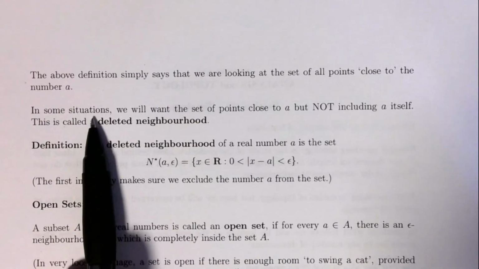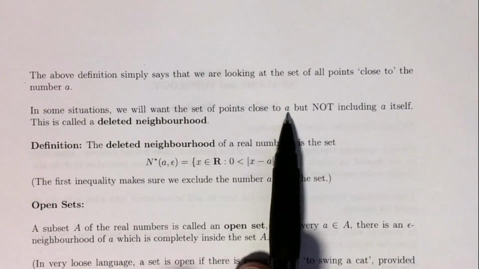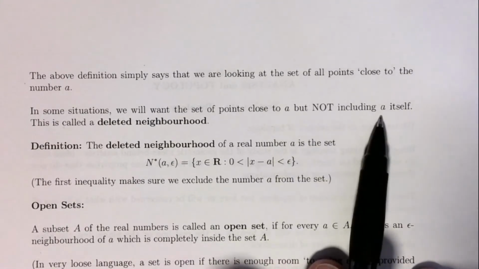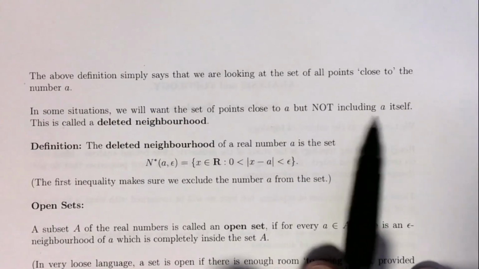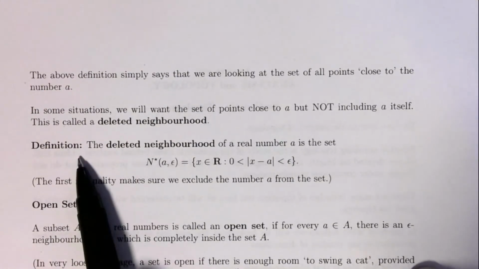In some situations, we want the set of points close to A, but we don't want to include A itself. And this is called a deleted neighbourhood. So it's the set of all points that are close to A, but we're excluding the number A itself. And here's the definition of it.